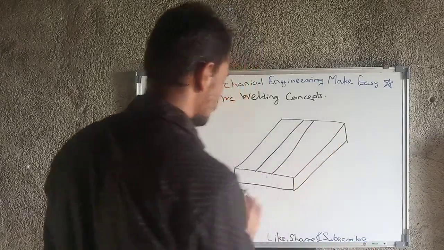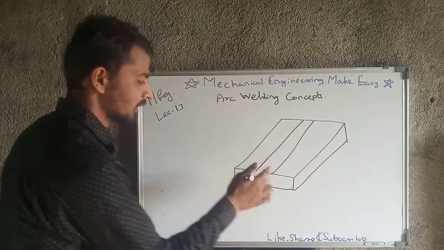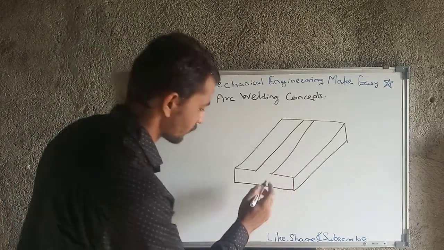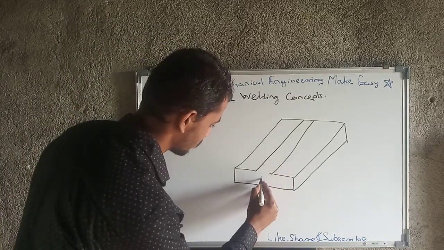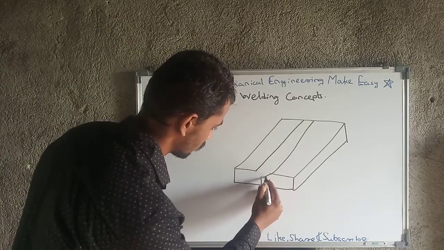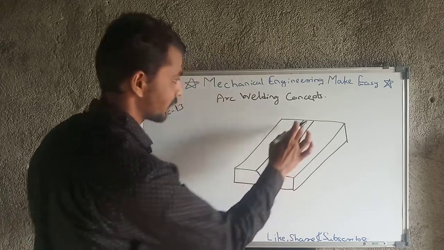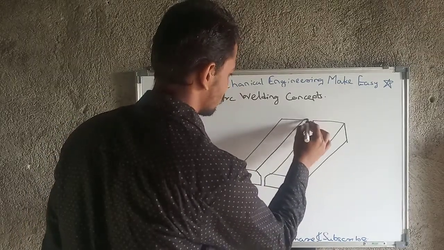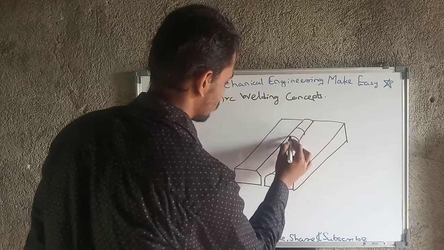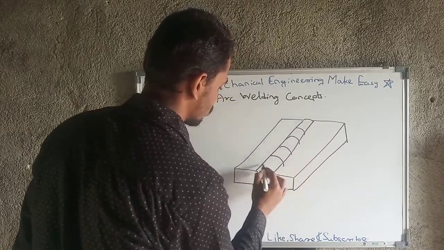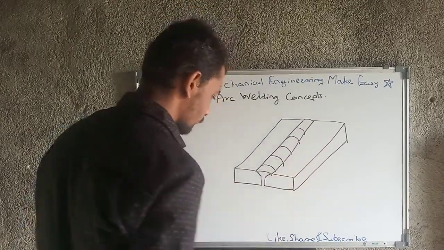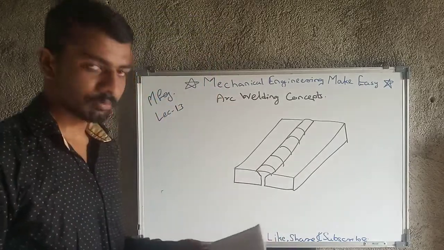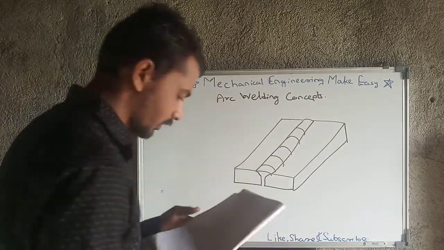Okay, means these are two plates. Firstly consider, this is plate 1, this is plate 2, and here we have to join that plate. So what is the case for that? Okay, this joint will look like this.